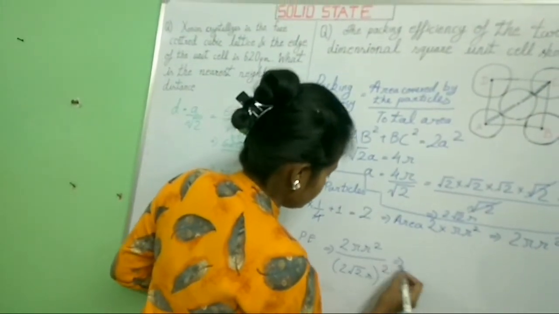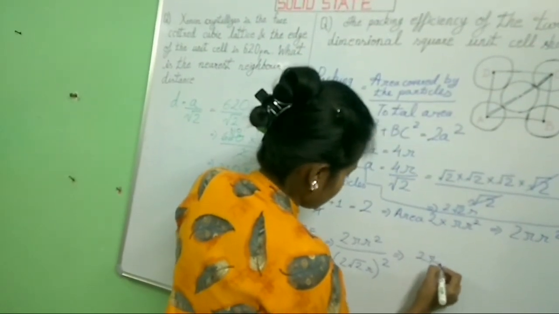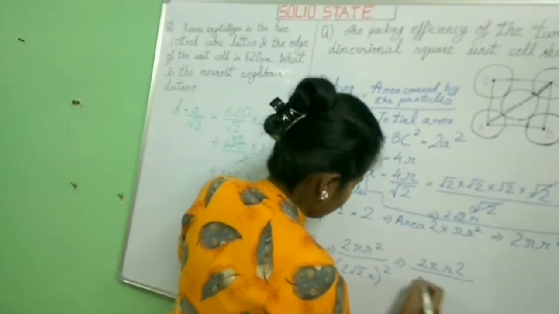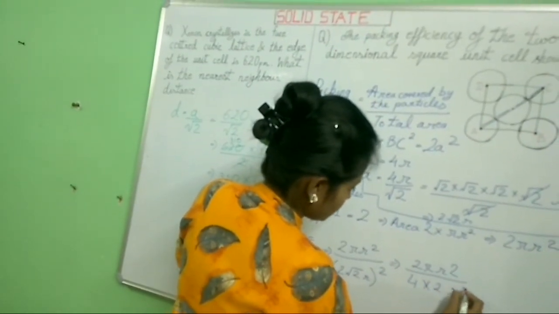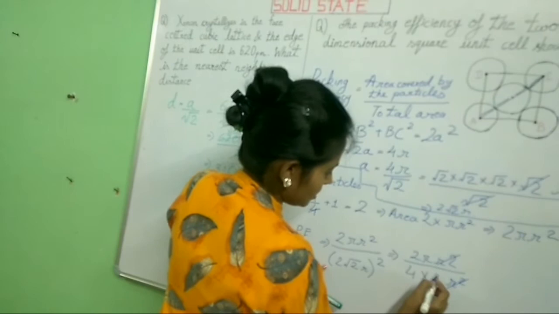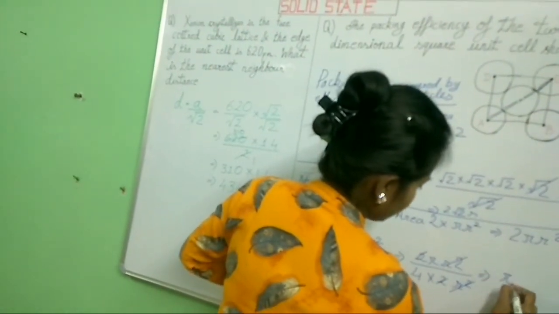So what will it come to? 2 pi r square divided by 4 into 2 r square. This r square gets cancelled, this 2 gets cancelled, and next it comes pi by 4.